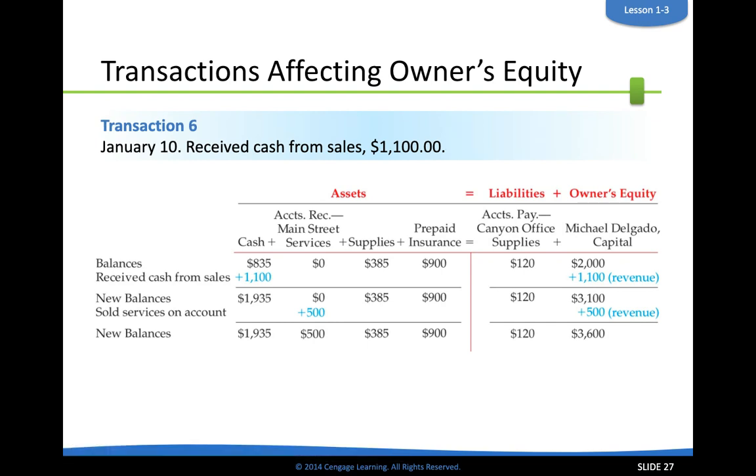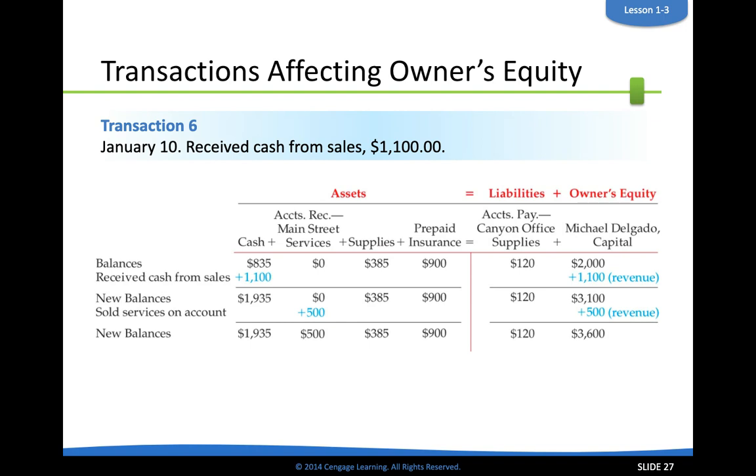On January 10th, Delgado Web Services received cash from sales, which is another way of saying revenue, in the amount of $1,100. It's a service business. Delgado Web Services performed a service, and so they received cash as revenue for that.